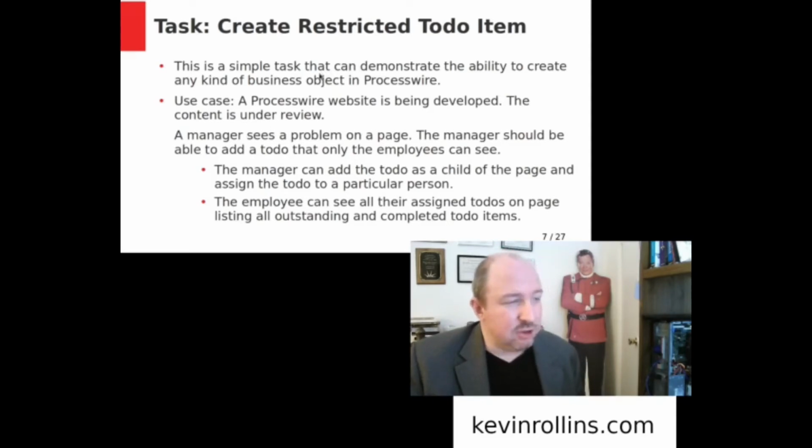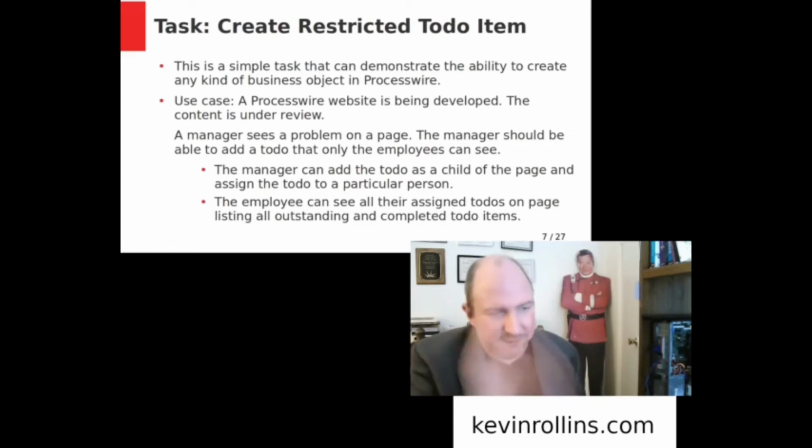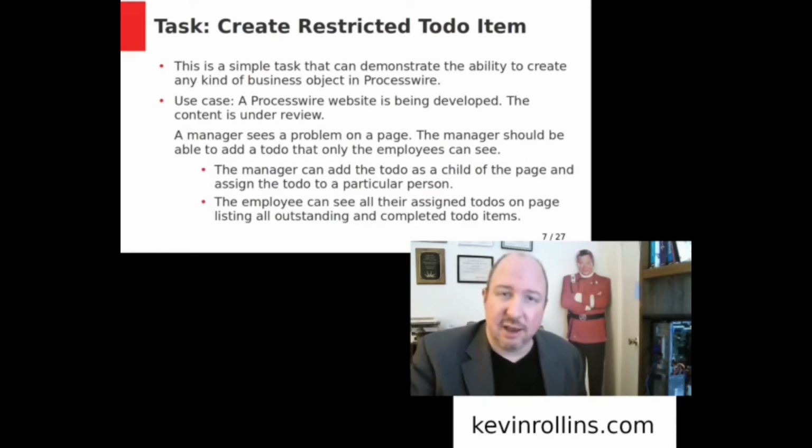So we imagine there's a manager who's reviewing the content, reviewing the layout, going through the ProcessWire website, and says, oh, we've got to fix something here on this page. So he or she can take the page and click on add child, and we can add the to-do right to that page. That's the first use case feature we want.